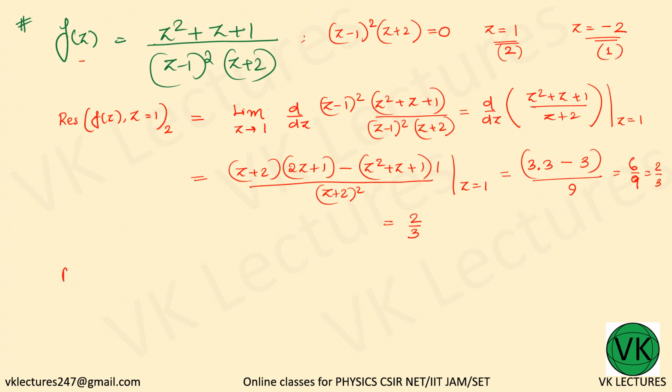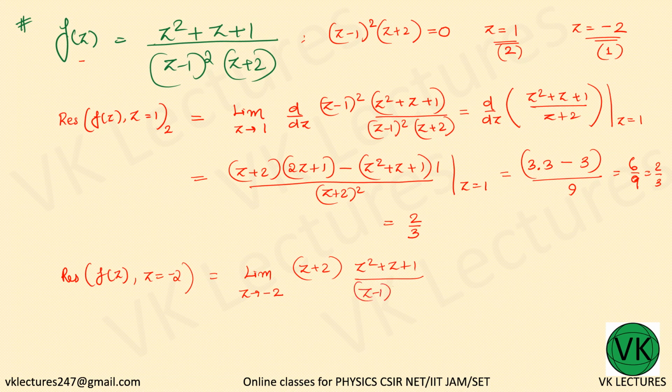Now we need the residue of the function f of z at z equal to minus 2. So that is the limit as z tends to minus 2 of (z plus 2) into f of z, that is (z squared plus z plus 1) divided by ((z minus 1) squared into (z plus 2)).